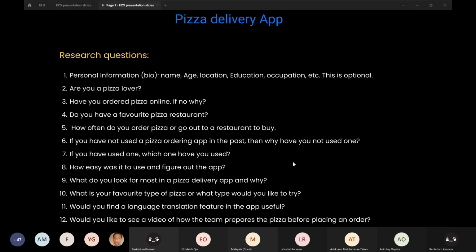So the research questions: we have personal information, the bio, which includes name, age, location, education, occupation, and so on. This is actually optional because some users don't like divulging their personal information to random people, we are all humans. So you can keep it anonymous depending on the case.